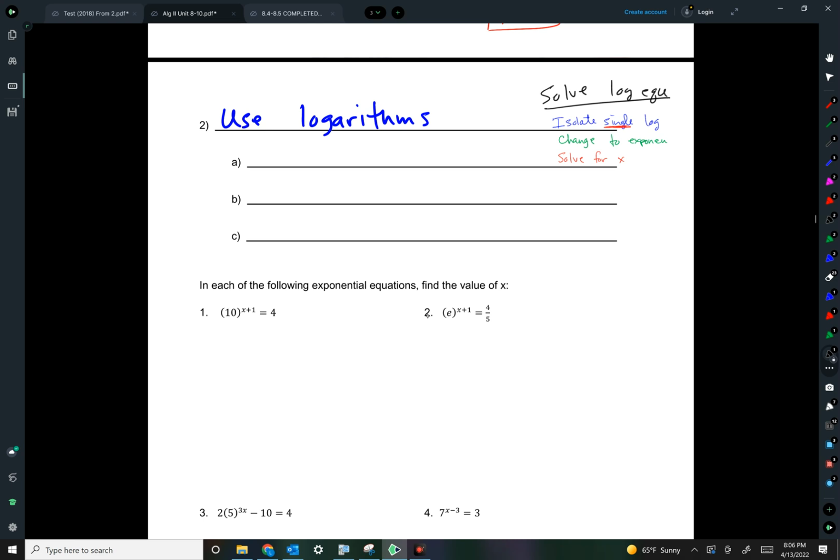Well, guess what? When we are solving exponential equations, because that's what we're doing here, our first step is not going to be to isolate the log like before. It's going to be to isolate the exponential term.